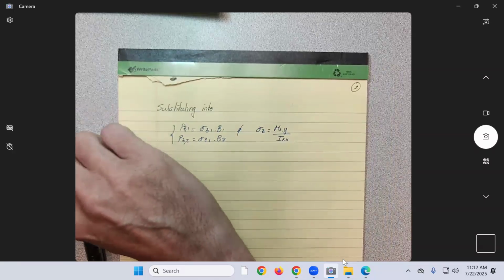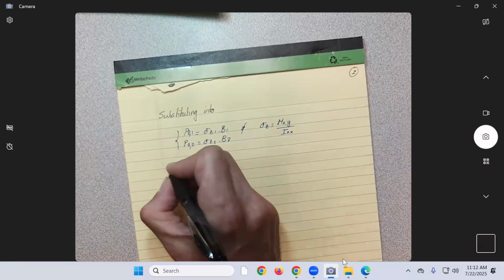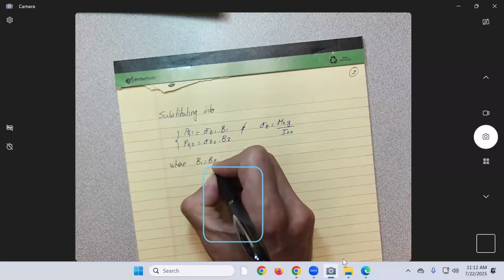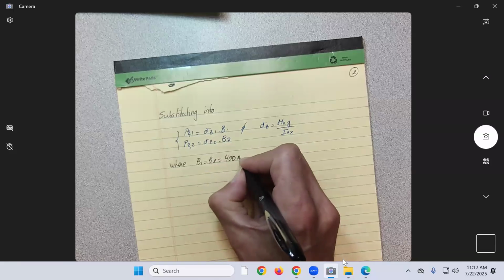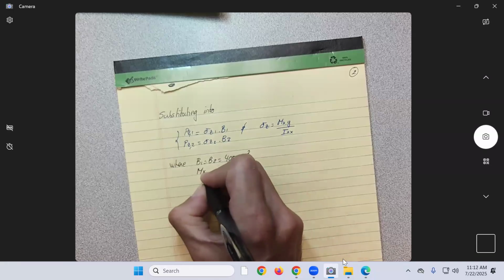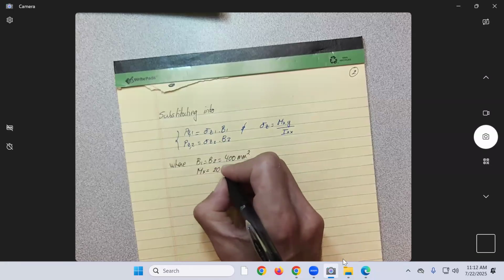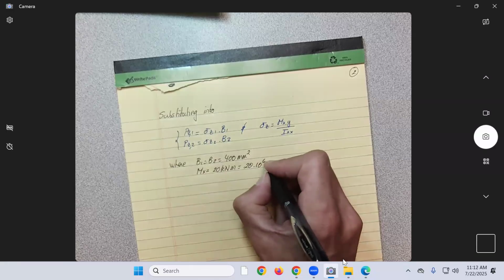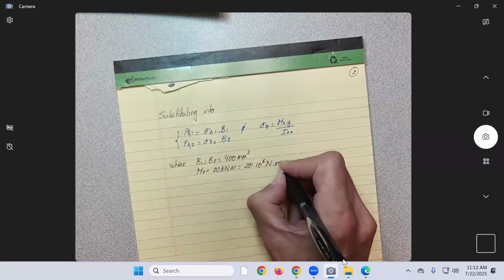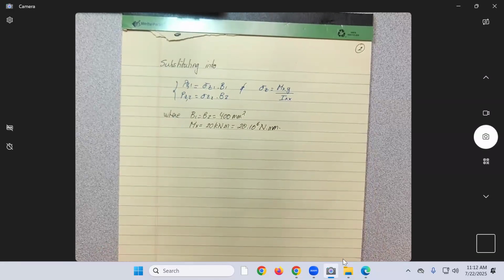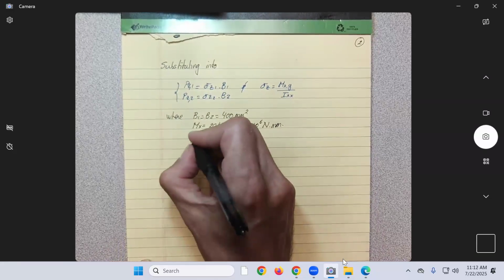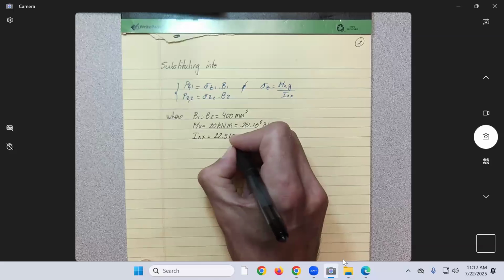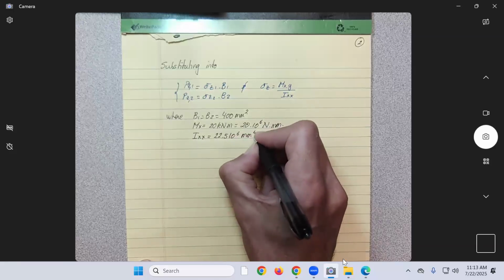We just said before that B1 equals B2, which was equal to 400 millimeters square, Mx was equal to 20 kilonewton meters, so that would be 20 10 to the 6 newton millimeters. And IXX we just calculated to be equal to 22.5 10 to the 6 millimeters to the fourth.